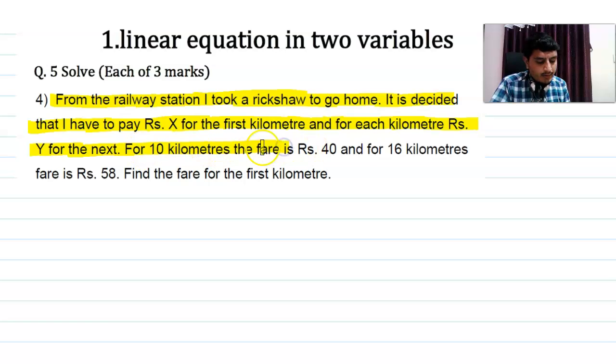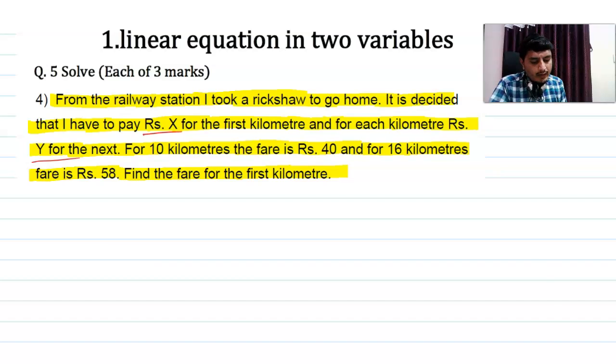For 10 kilometers the fare is rupees 40 and for 16 kilometers the fare is 58 rupees. Find the fare for the first kilometer. So we are given that rupees x is the fare for the first kilometer, and for each upcoming kilometer I have to pay rupees y.